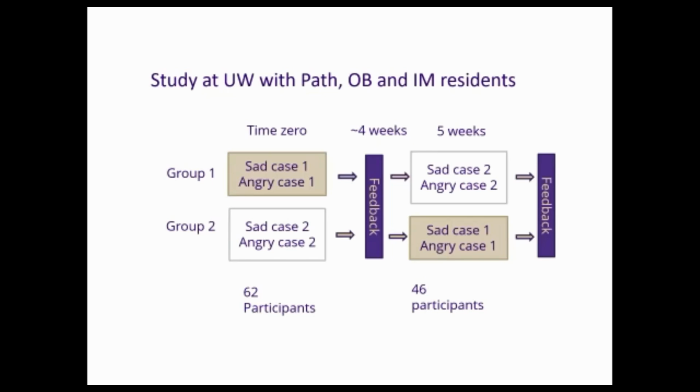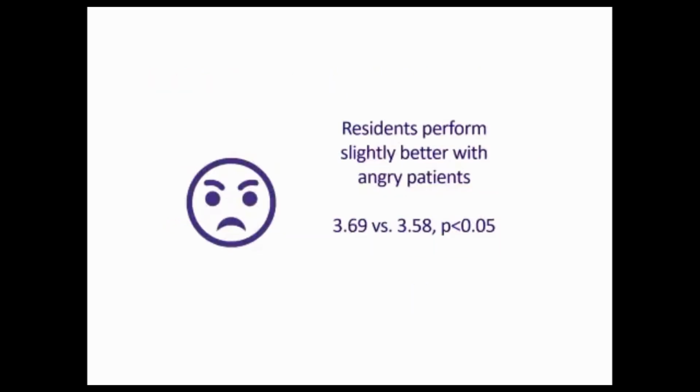And then we did a crossover study. So after they got feedback, they saw the other cases, and then they got their final feedback. You can see that there were fewer participants in the second week. Some of that actually was because they thought it was really emotionally challenging and they didn't want to do it again. It's difficult to be yelled at, even if it's an app.